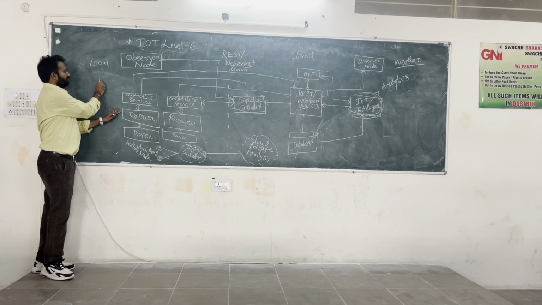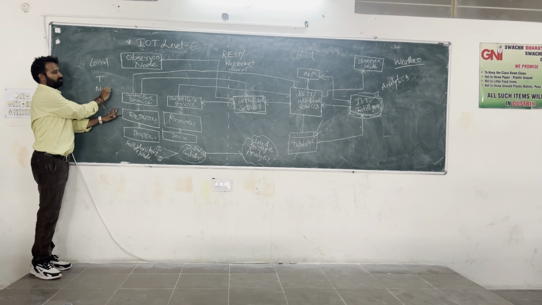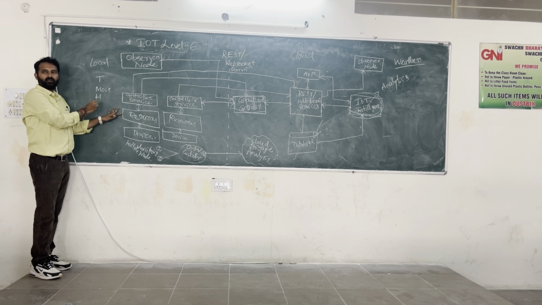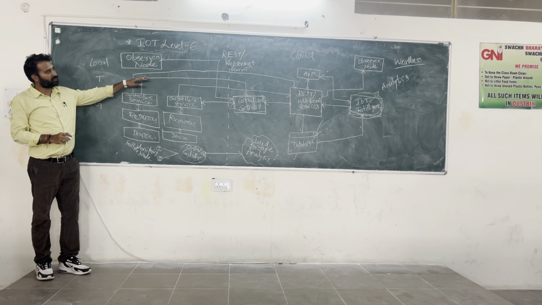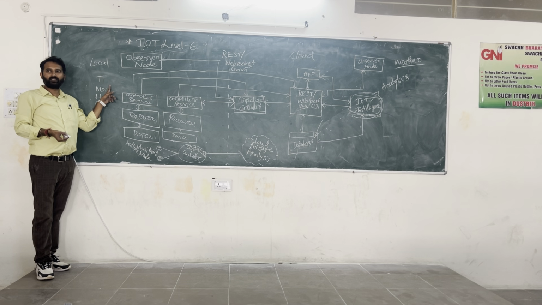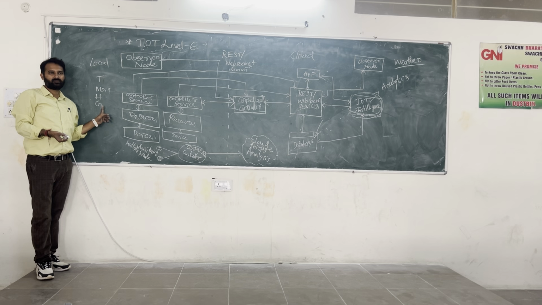They are nothing but temperature sensor, moisture sensor, humidity sensor, gas sensor. They collect the data regarding temperature, what kind of temperature is available in the real world. Moisture or humidity, same thing, and gas sensor.